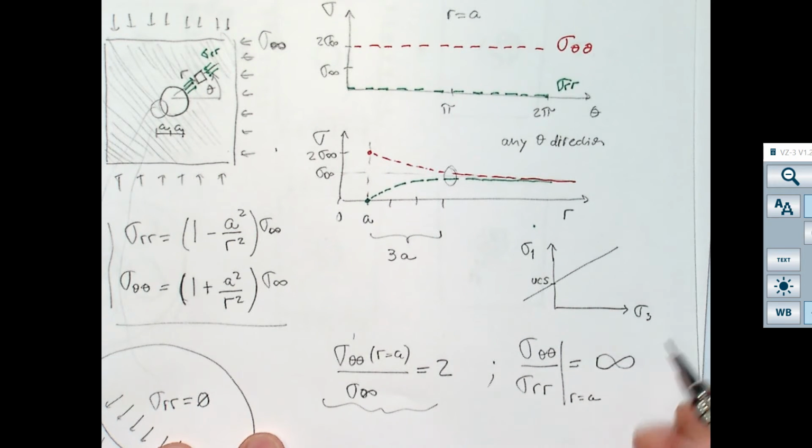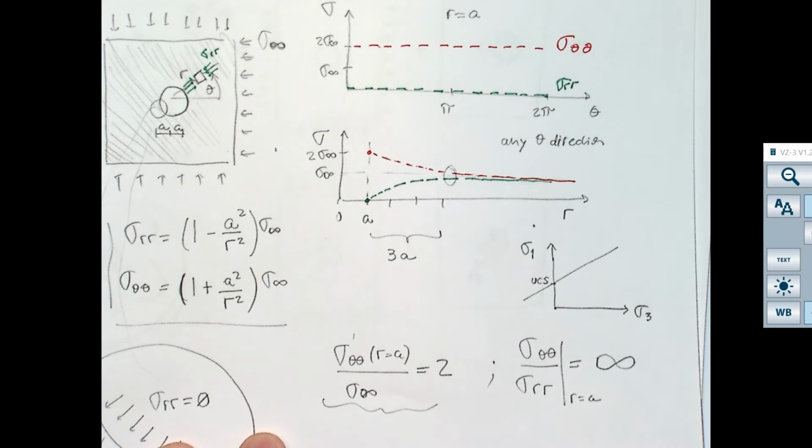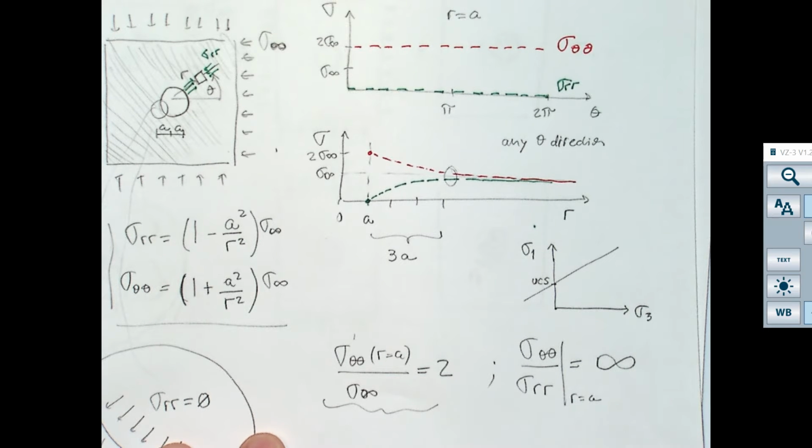So even though your minimum principal stress sigma 3 is equal to 0, your wellbore can still resist a compression in the other direction, which is lower than the unconfined compression strength. So that's why you can make wellbores in rock, and they are stable even if there is no fluid inside.